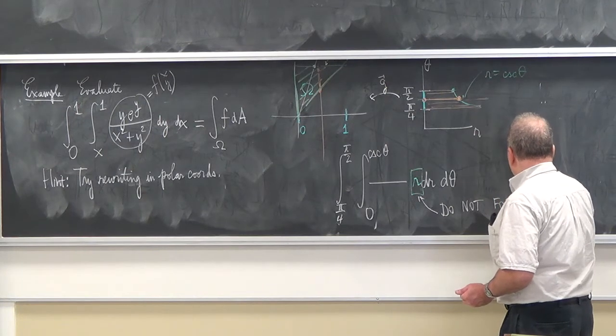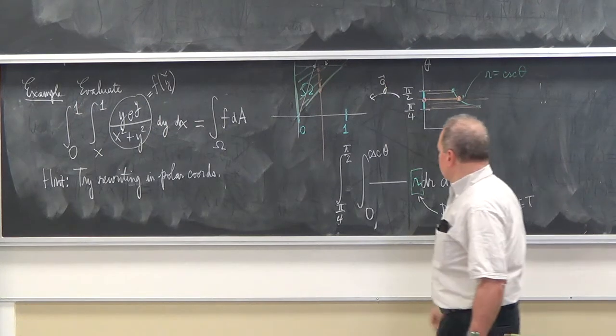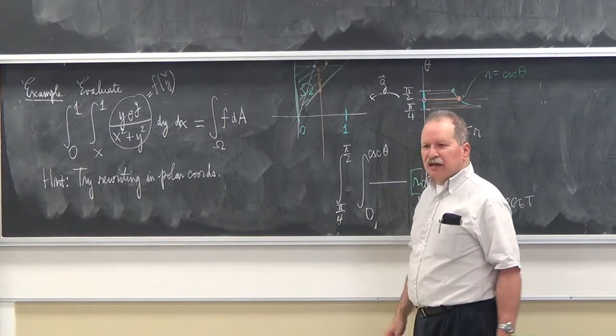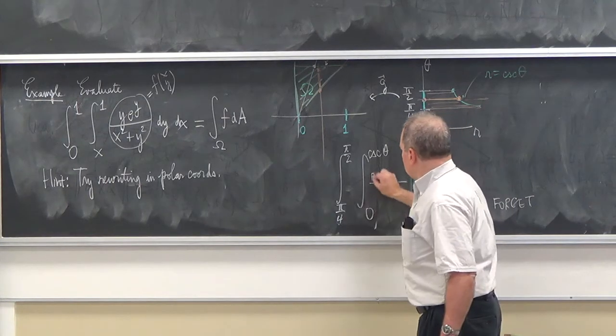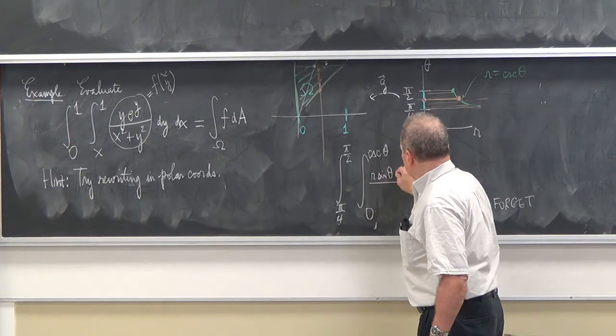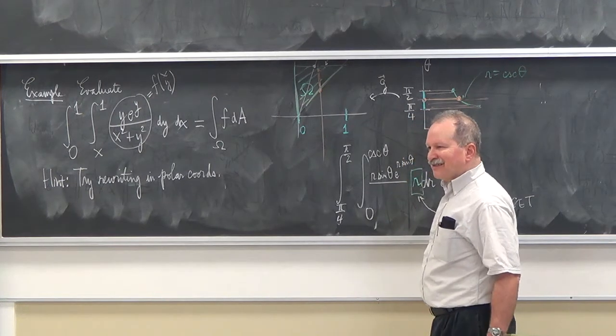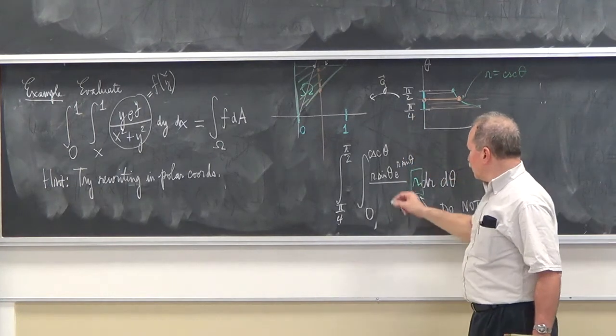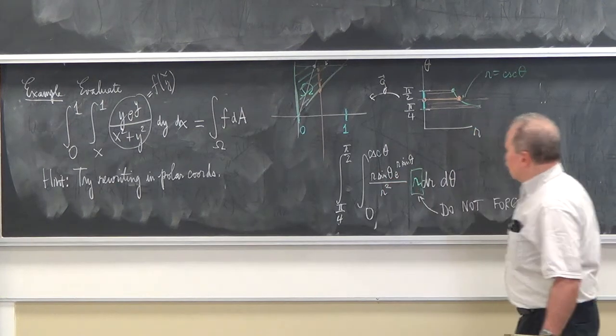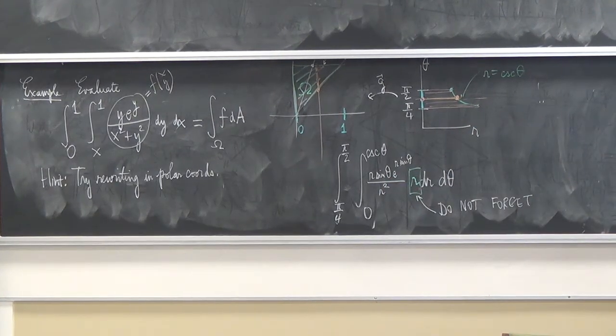All right, and then I rewrite the function and I have y, e to the y, over r squared. So all the r's that aren't in the e.